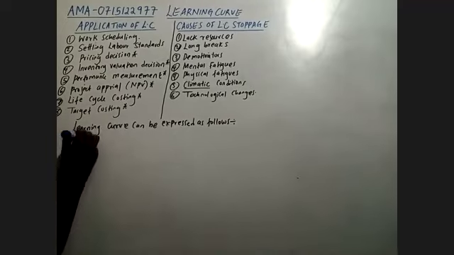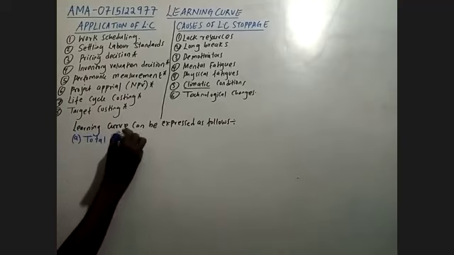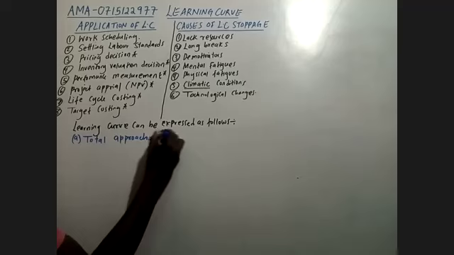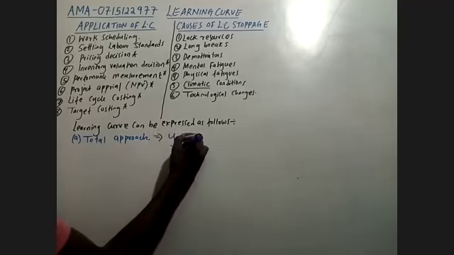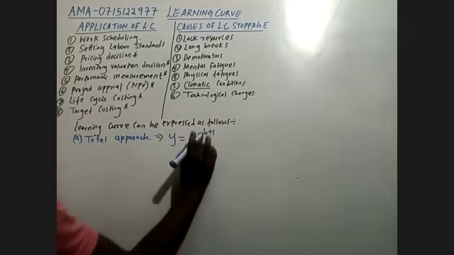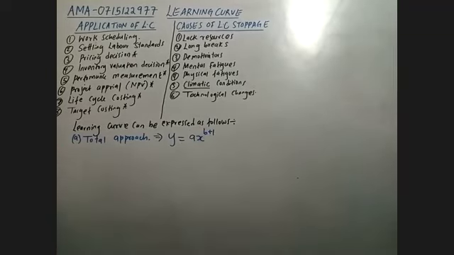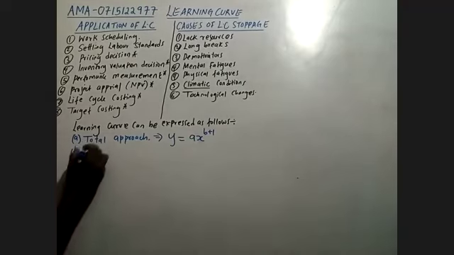So A, the total approach: y is equal to a x^(b+1). Then number B, let's talk about average.